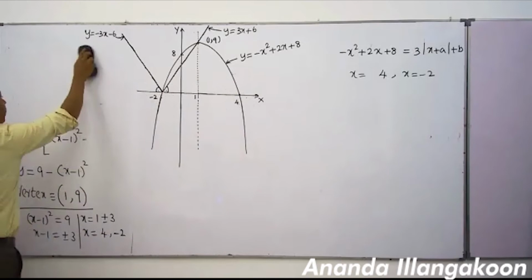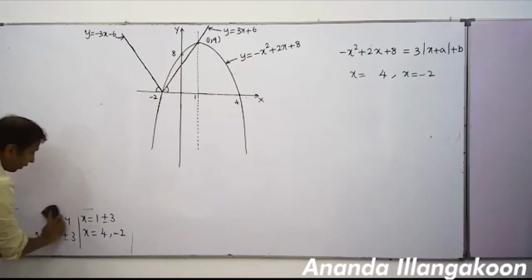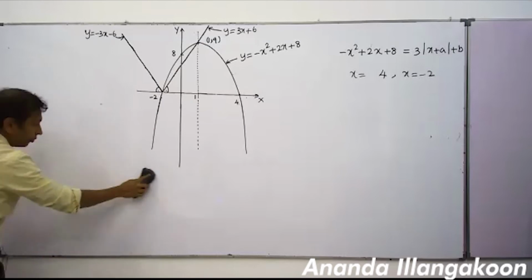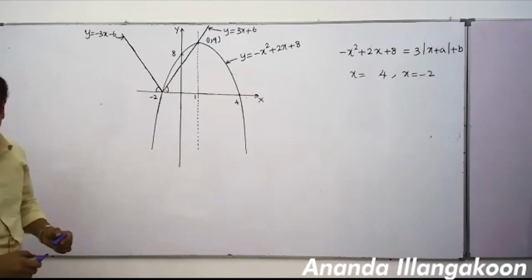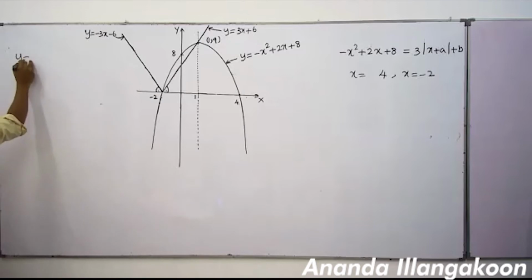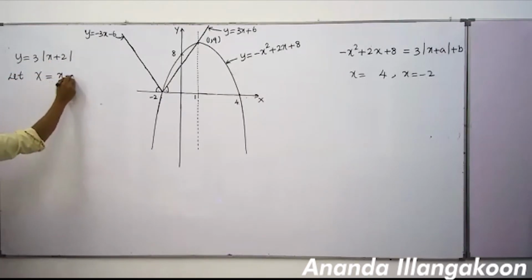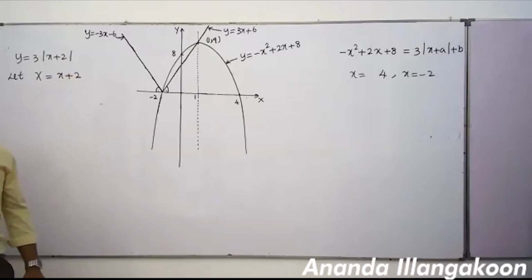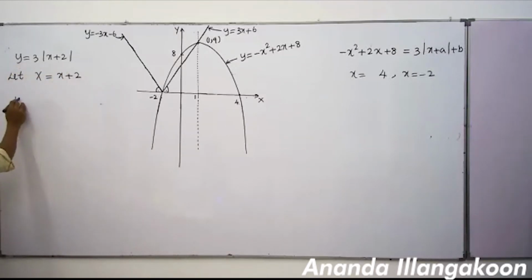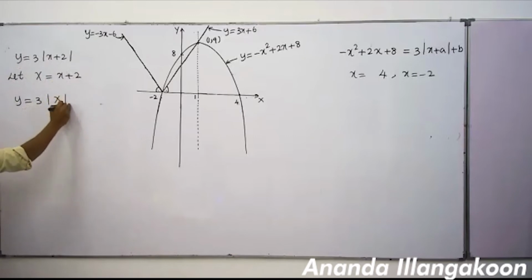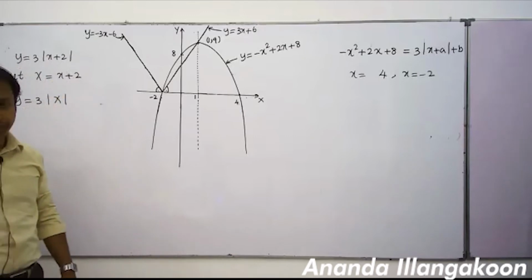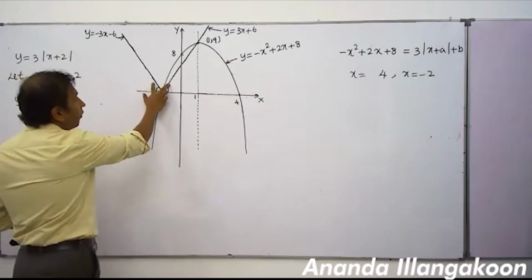Okay. Then I'm going to think like this. I'm going to take y equals 3 times mod x plus 2. I am going to let this x plus 2 be capital X. For this simple x plus 2, I am going to take capital X. Then this graph becomes y equals 3 times mod capital X. Now this graph, people, we have to definitely bring to the right.